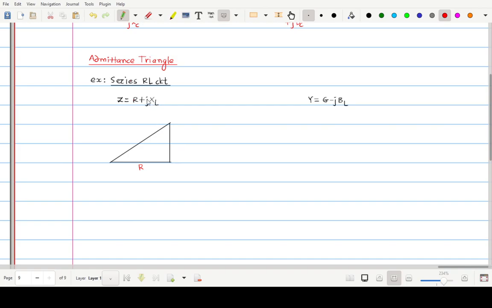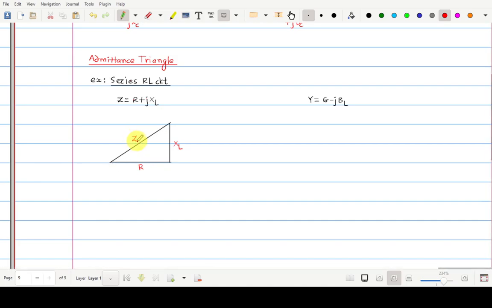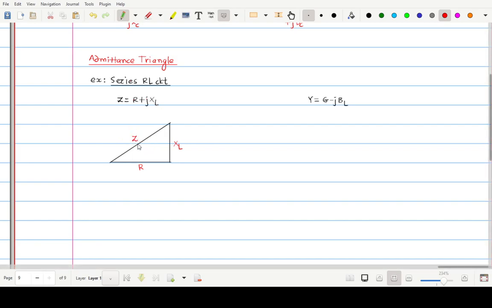XL is with J operator, so it is always taken on y-axis, because y-axis is imaginary axis, and the third side, the hypotenuse forming here, is nothing but your impedance. The angle between this lower side and this hypotenuse is nothing but your phase angle phi. So this is your impedance triangle.